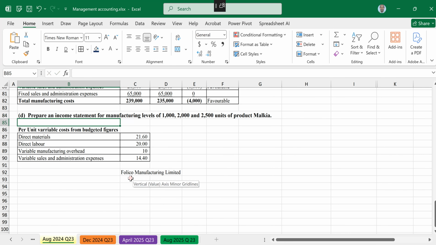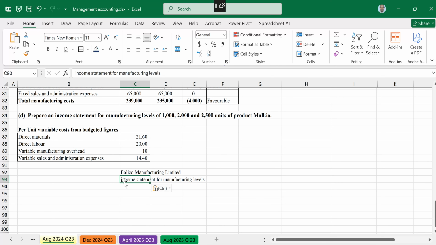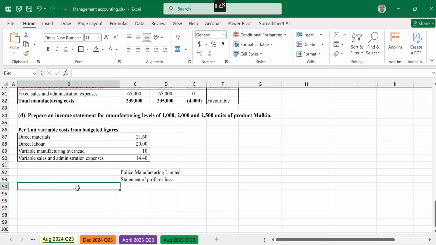So income statement, or you can call it the statement of profit or loss, same thing. Then start with manufacturing levels.